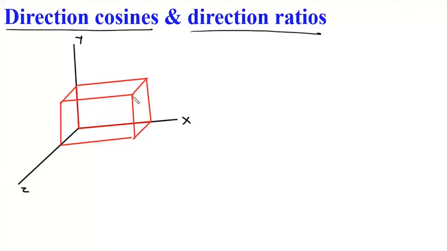Now say this point is P and whose coordinate is (a, b, c), and this is your origin.